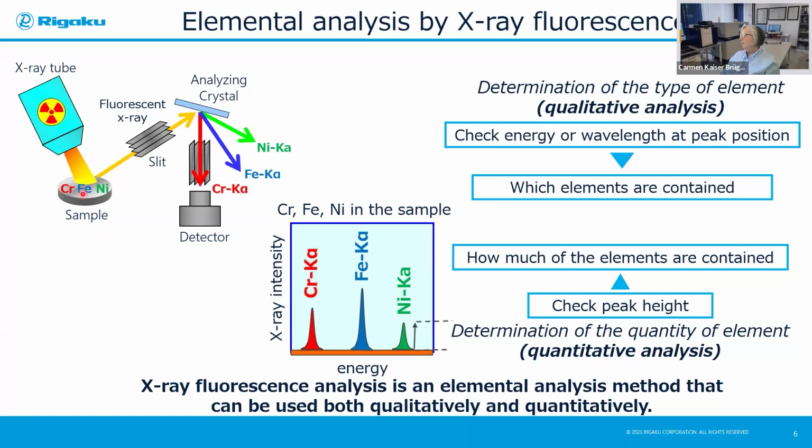From the specimen we get a fluorescent X-ray, which is collimated through a collimator or a slit, in this case, onto an analyzing crystal.